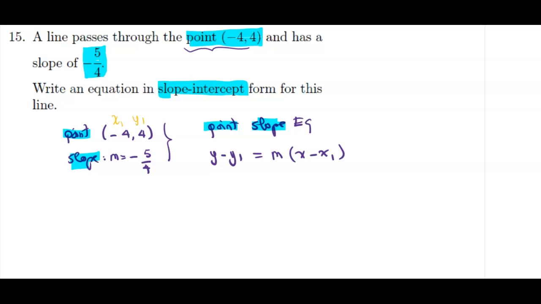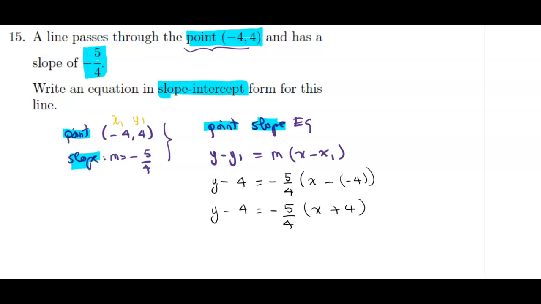If I do so, this is going to be y minus 4 equals m, which is minus 5 over 4, times x minus x1, and x1 is minus 4. Then you can work on it. So y minus 4 equals minus 5 over 4, and this became x plus 4.